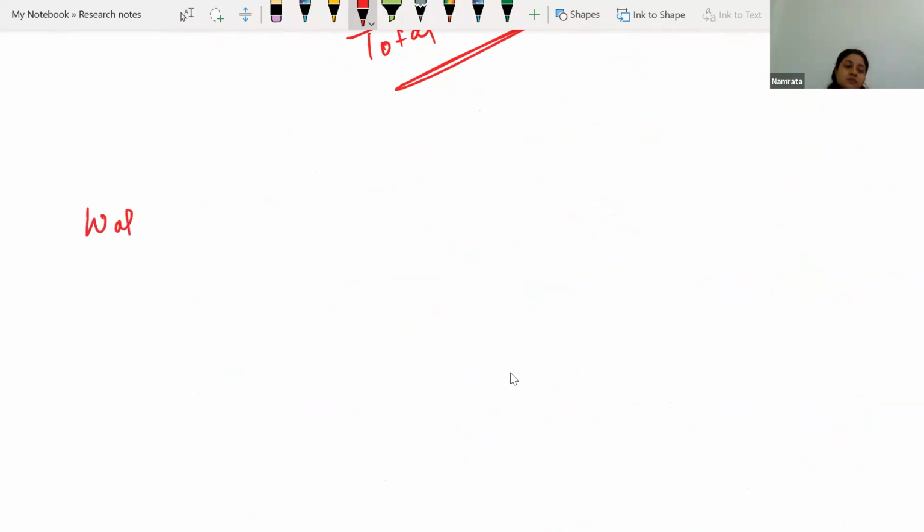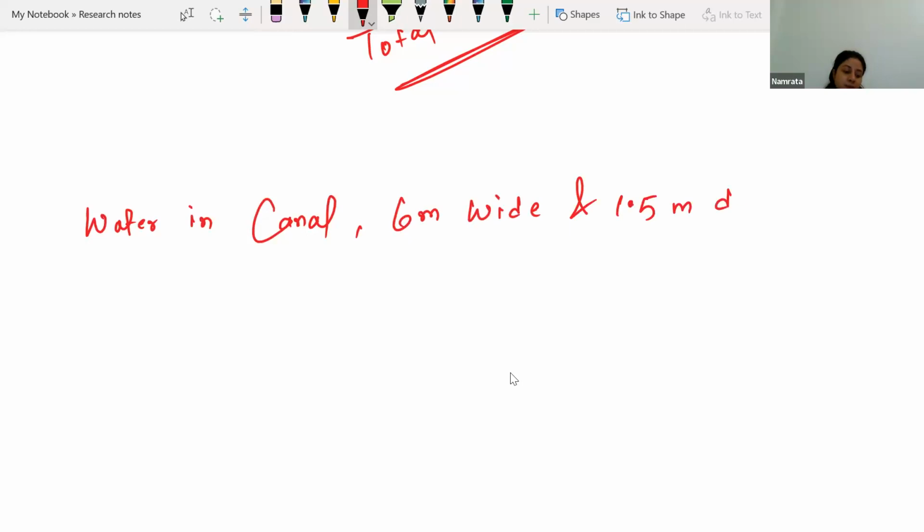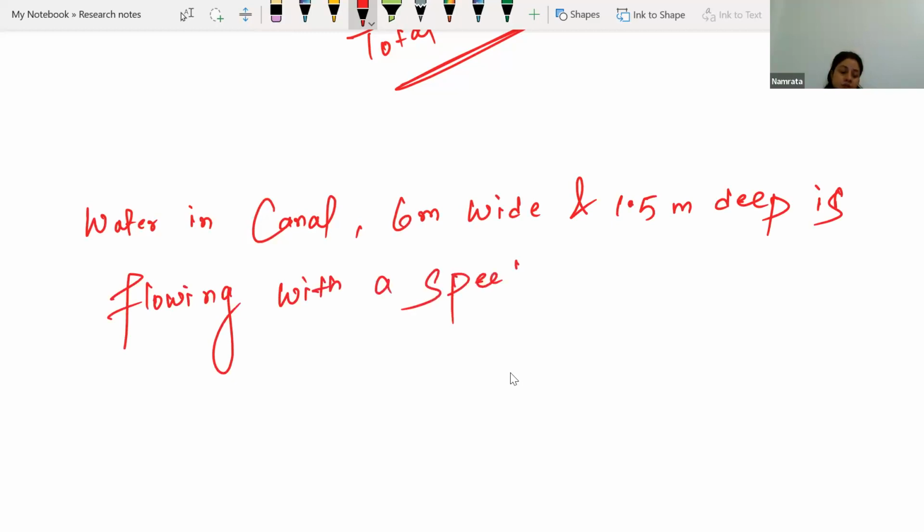Water in a canal 6 meter wide and 1.5 meter deep is flowing with a speed of 10 km/h.